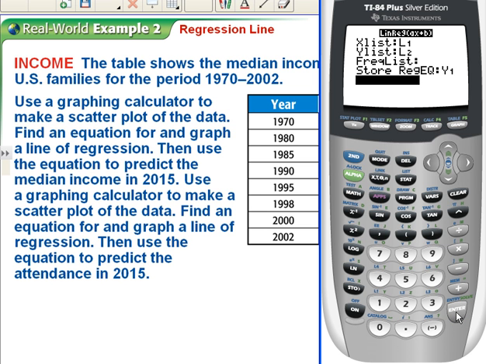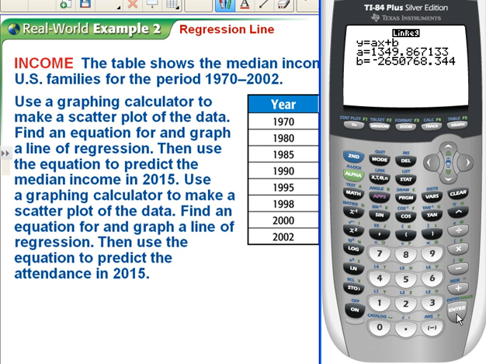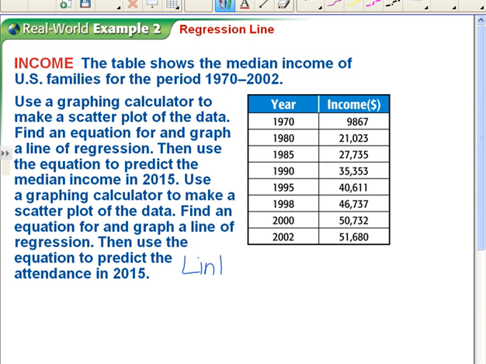So that tells us we're going to store this equation in y1. And then you can press enter. If you do not have this type of calculator, you would do the same thing to get y1, but yours is going to look like this. Lin, reg, L1, comma, L2, comma, y1.